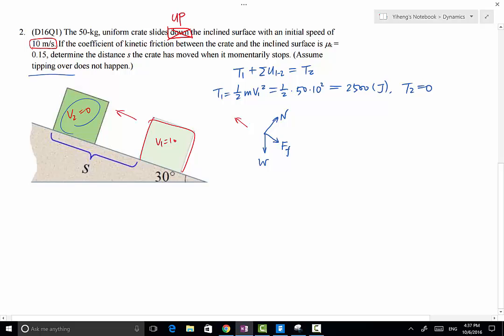So we have completed the free body diagram. Out of the three forces, the normal force is always perpendicular to the displacement. Therefore, only the frictional force and the weight force are doing work. And we can also determine that both of them are doing negative work because the displacement is in the opposite direction of the two forces.